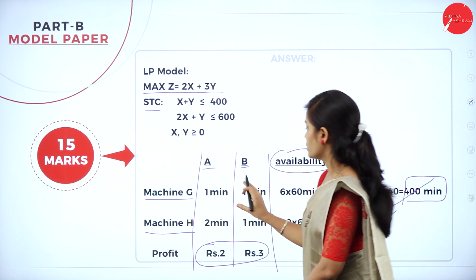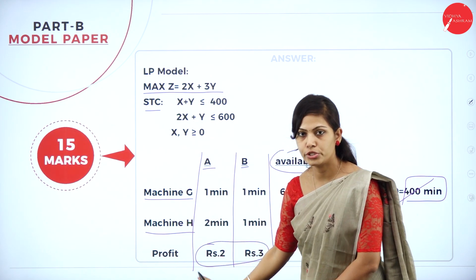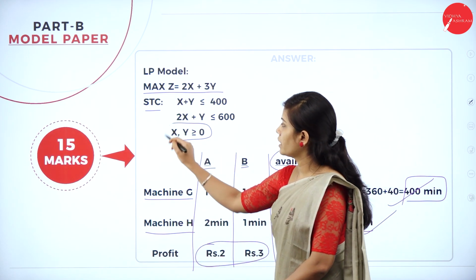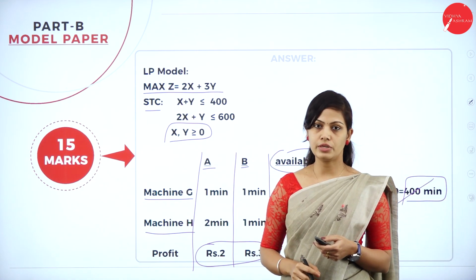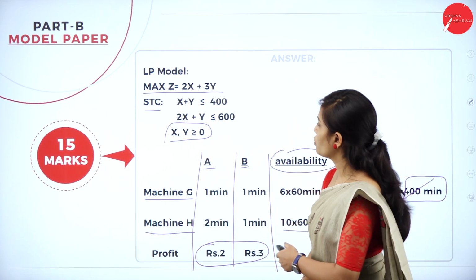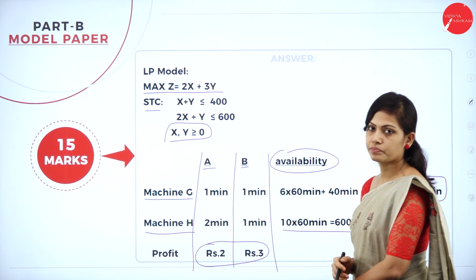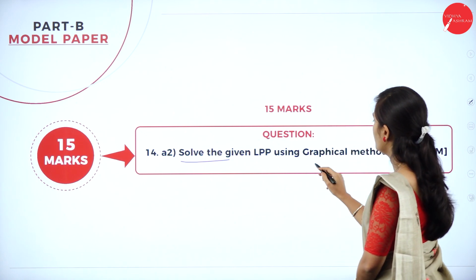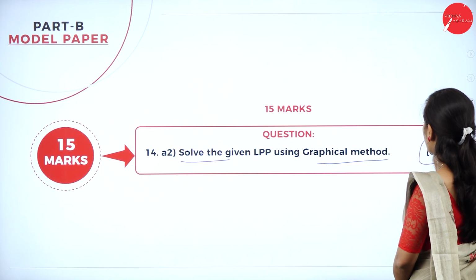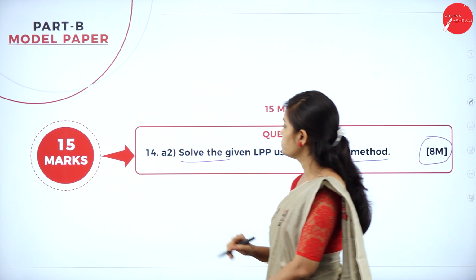So these are the constraints and the objective function. Obviously we have 2 decision variables, x and y, which should be greater than or equal to 0. Very simple concept, so you can construct the LP model. And the next one is: solve the given LPP using the graphical method for 8 marks. Very important question.